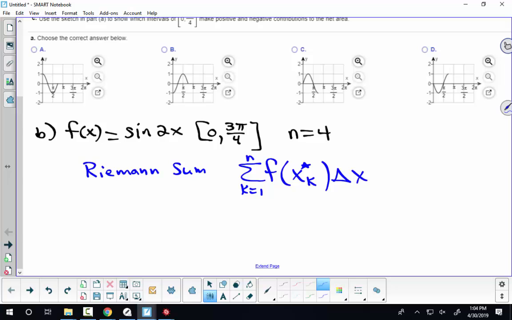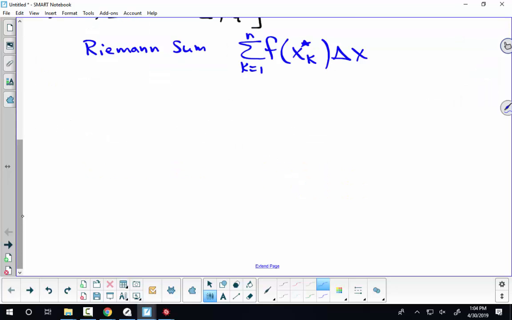Are we going to be asked to review the left, right, or midpoint? No, just the definition. We saw the last 2 examples in 5.2. Depending on which Riemann sum we use, x star sub k varies. The right Riemann sum is actually what we use in the definition to evaluate the definite integral.